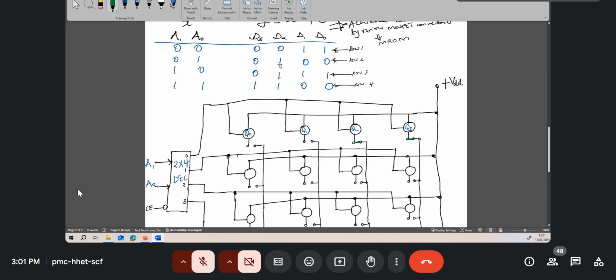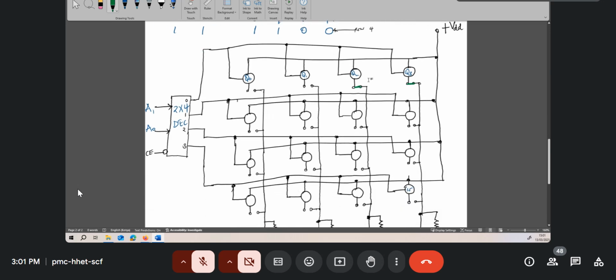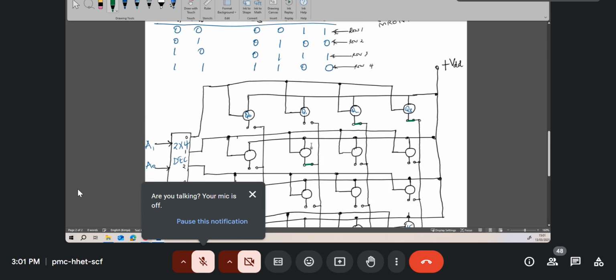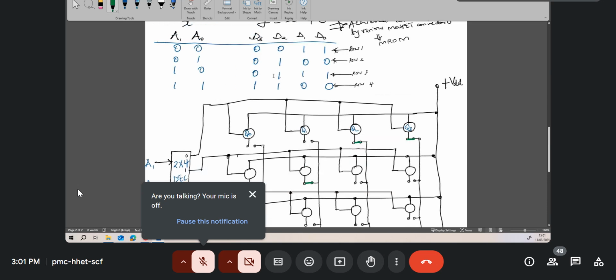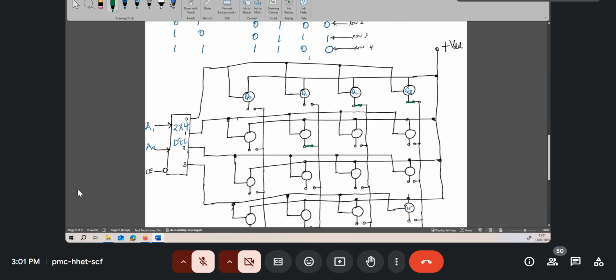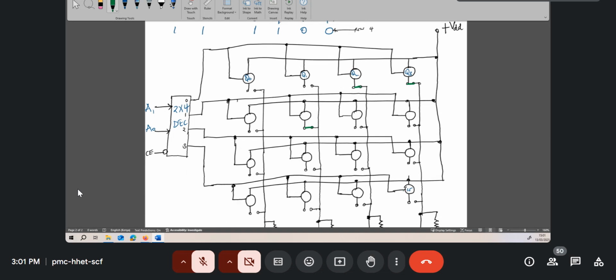So for the second memory location, we want to store a 1 in D2, so we'll make a connection here. Remember, these are now permanent connections when this chip is being manufactured. Then in memory location 3, we want to store a 1 in those 3 memory cells, here and there.